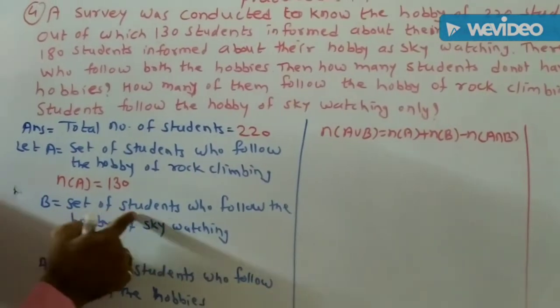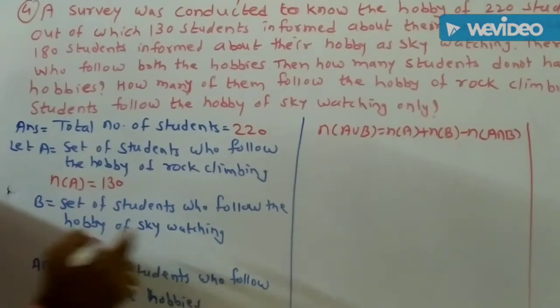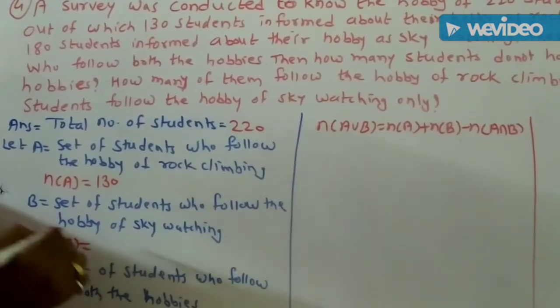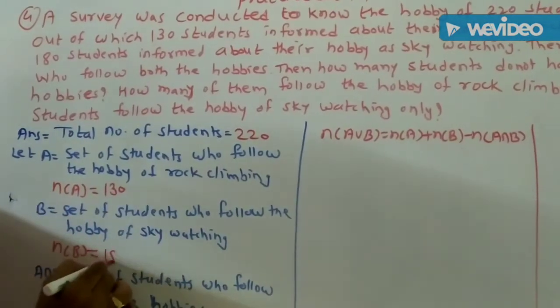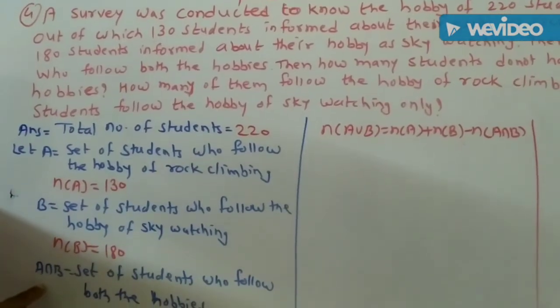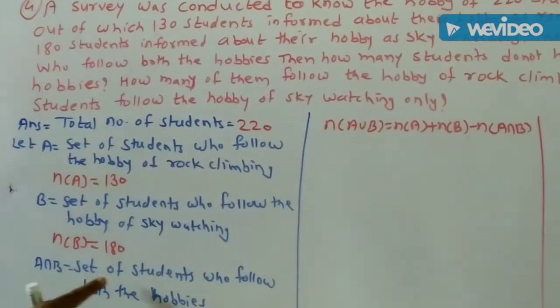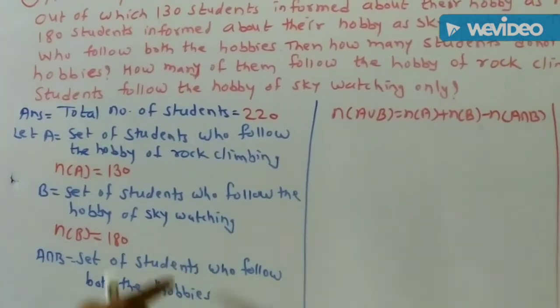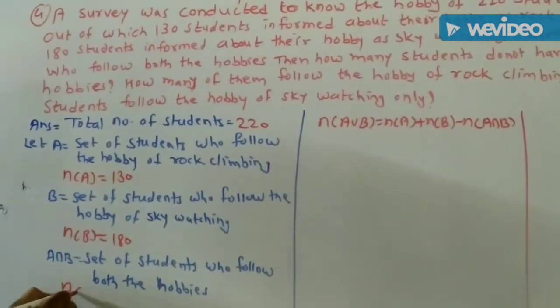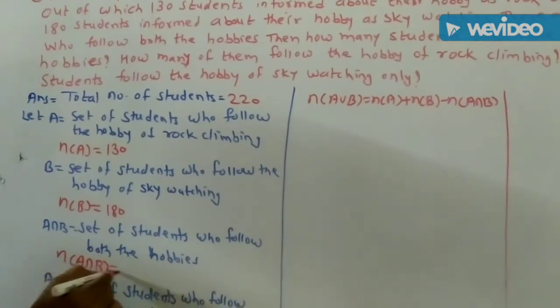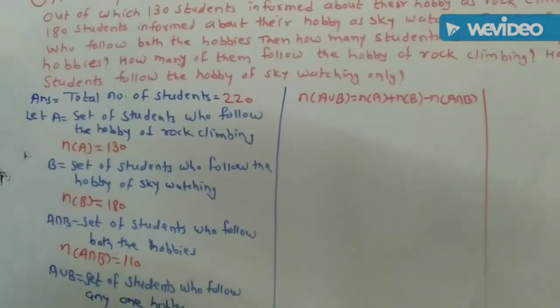Then B is the set of students who follow the hobby of sky watching, that is 180, and therefore number of B is 180. Now we consider A intersection B as the set of students who follow both the hobbies, which is given 110, and therefore number of A intersection B is equal to 110.